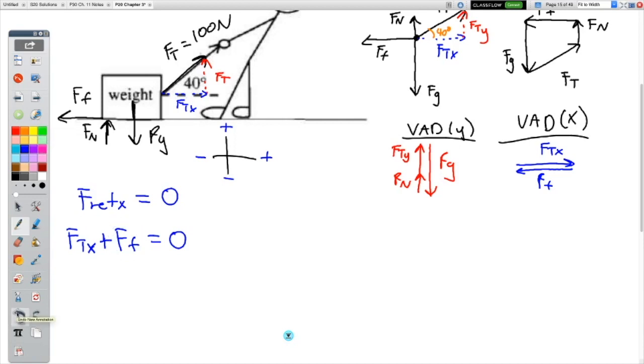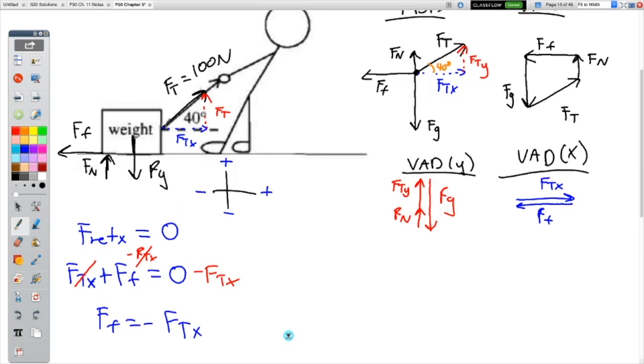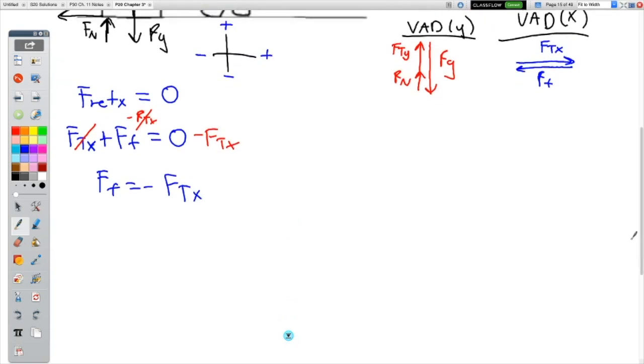So subtract FTX from both sides, and we have that the force of friction is equal to negative the force of tension in the x. In other words, equal in size, but opposite in direction. Hey, that's exactly what we said, right? For this to not be accelerating, FTX has to be just as big to the right as FF is to the left. So the force of friction is equal to negative FTX.